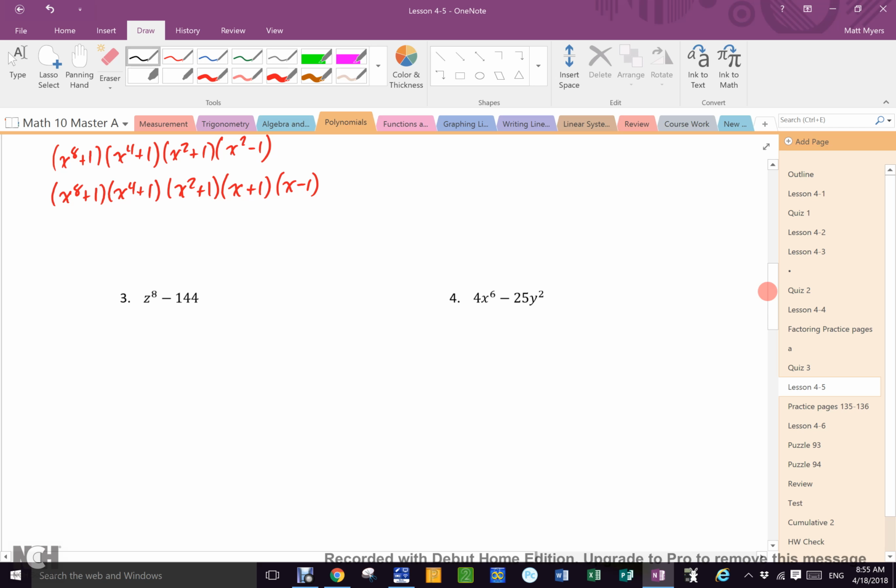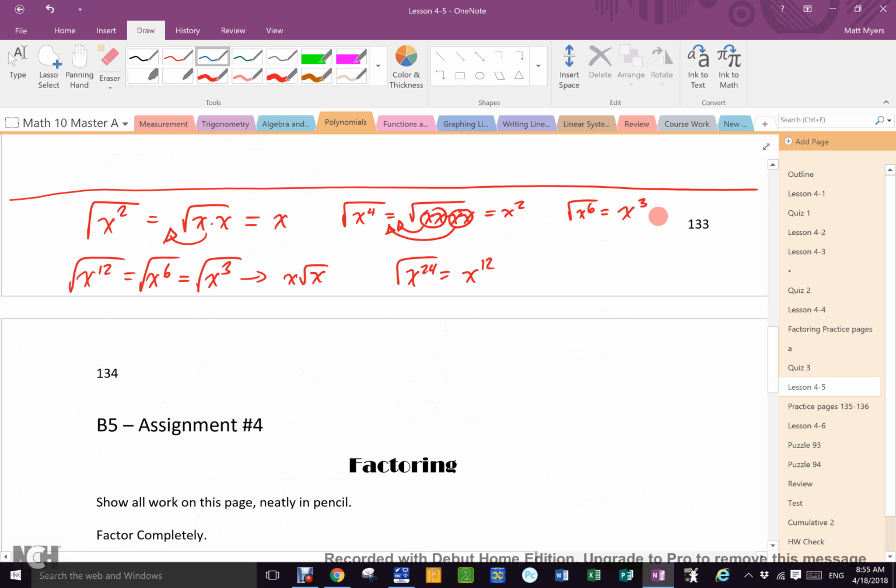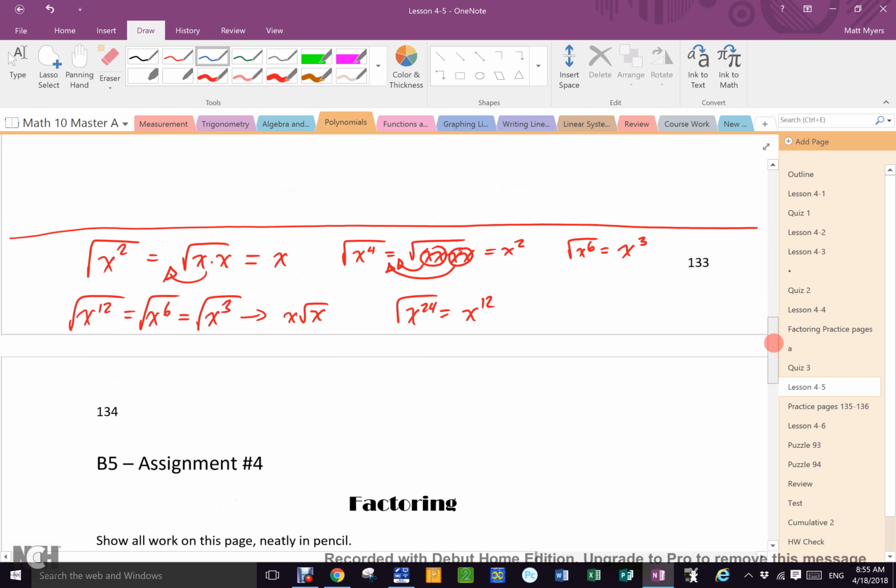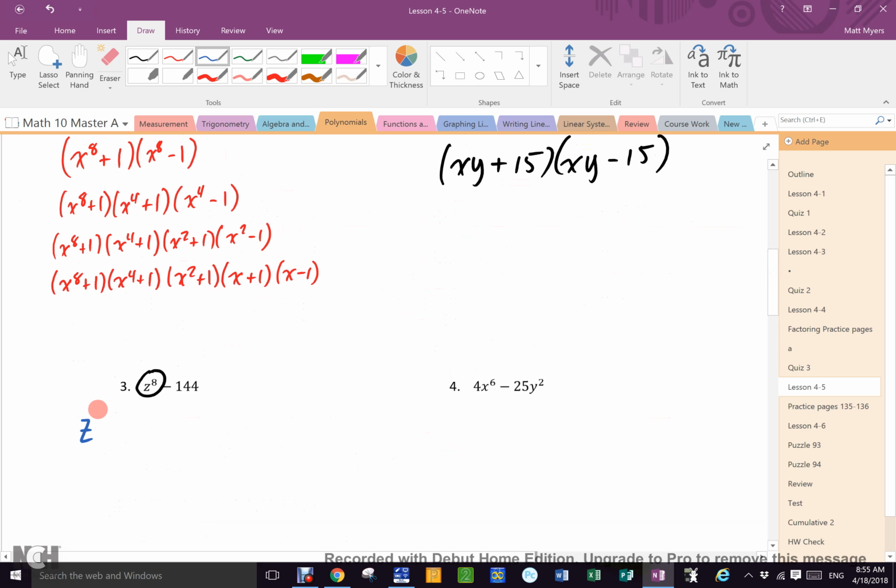Is 144 a perfect square? Yeah, so can we do it? What do I do with this even exponent? Break it down. So if I'm square rooting, what does that mean for my exponents? 2, 1, 4, 2, 6, 3. So what is this going to be? Z to the 4 plus what?